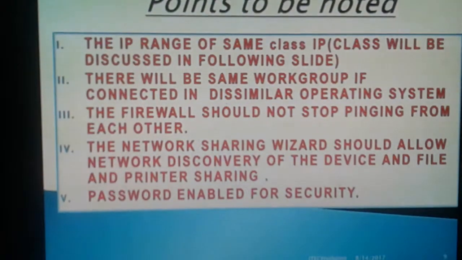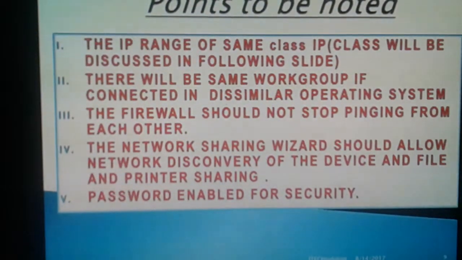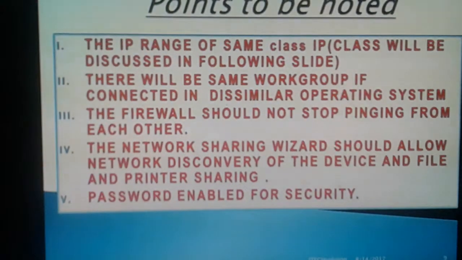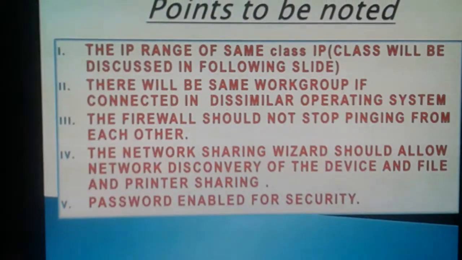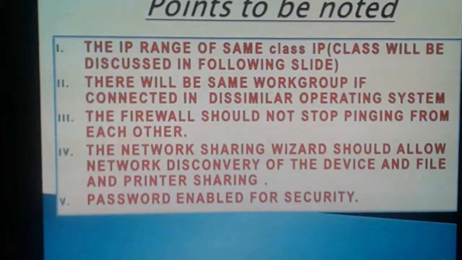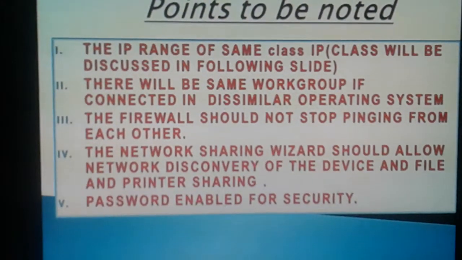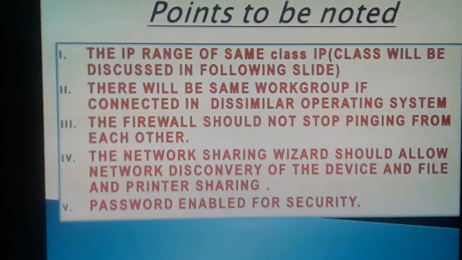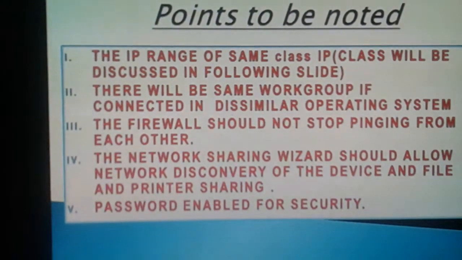They will be in the same workgroup if they have similar OS, that is Windows 7, Windows 10, Windows 8, or Windows XP, and it will be treated as the same workgroup.